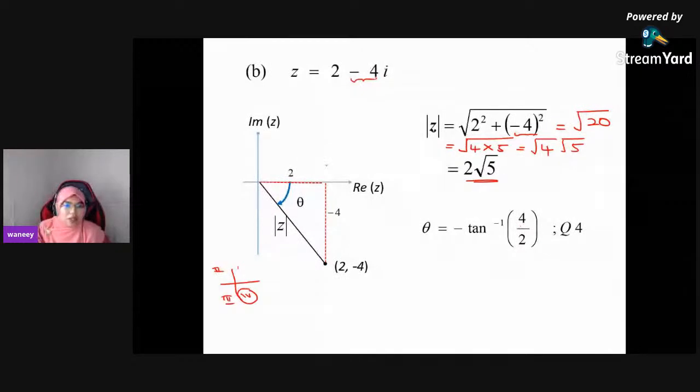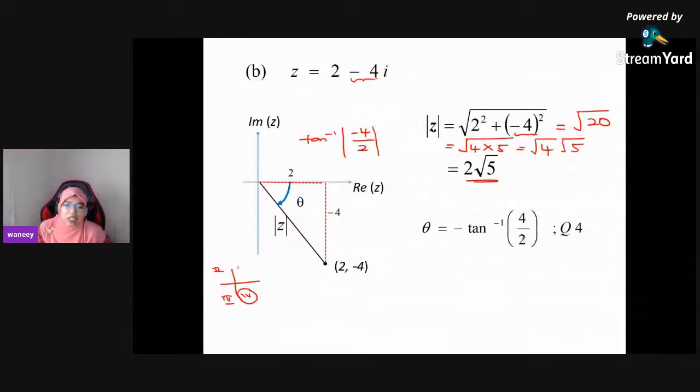So it should be arctangent, the modulus, so my b is negative 4 over 2. But since I already apply the modulus for negative 4 to become 4, so that is why this one is simply a normal bracket. So if we already apply the modulus, it becomes positive, or if you want to put the modulus here, that is also fine.